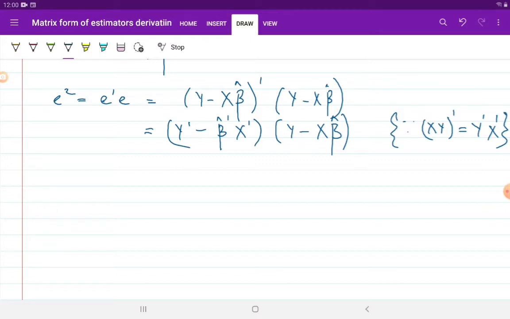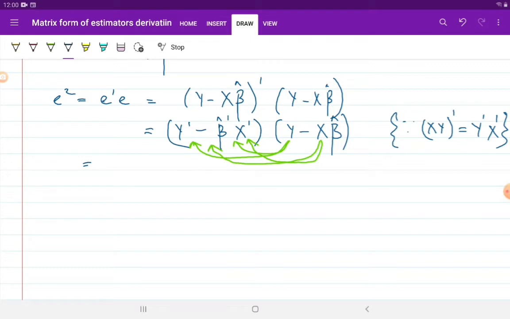And the multiplication process will be the same as you do everywhere. So y into y, and then y into this term, and then the second term into the first, and the second term into the second. So it's the same as normal algebra.